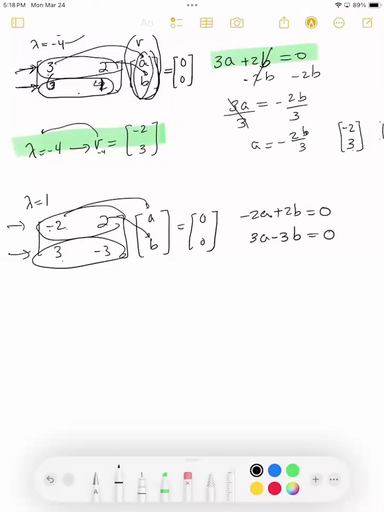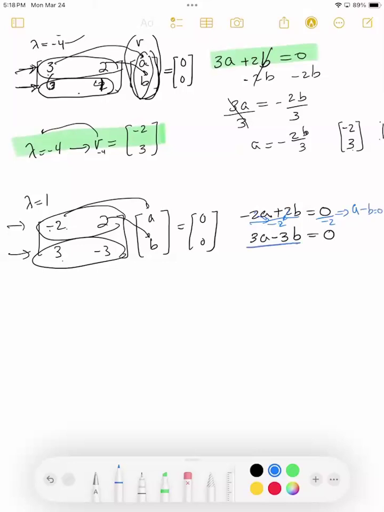I just want to show you these two equations are identical. If I want to simplify these equations, let's say the top equation, if I divide this by -2, I get -2 over -2 and 2 over -2. So both of them get divided by -2. -2 over -2 gives me A. 2 over -2 gives me -B is equal to 0.